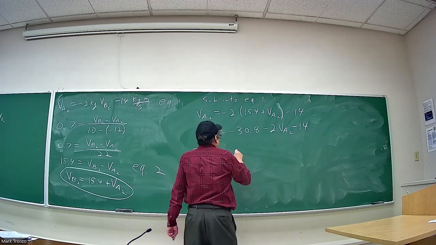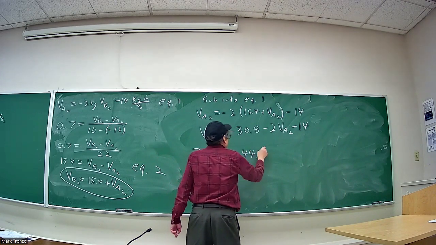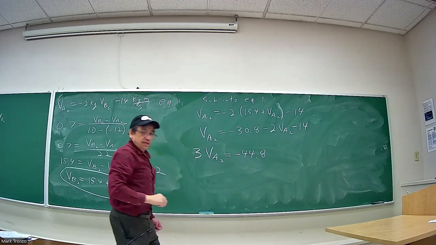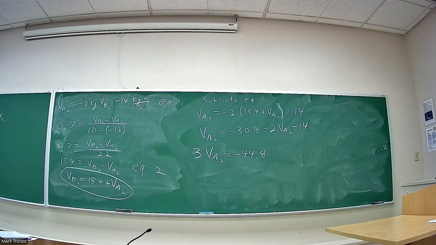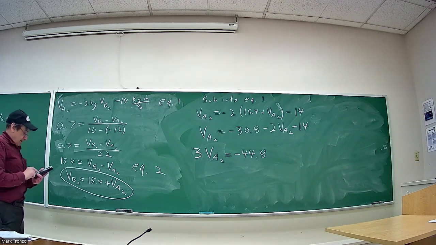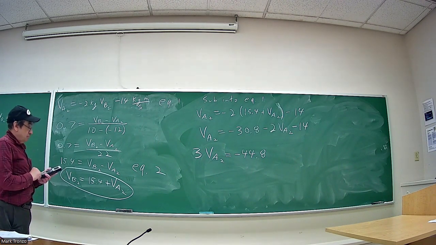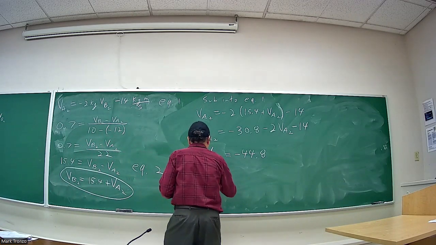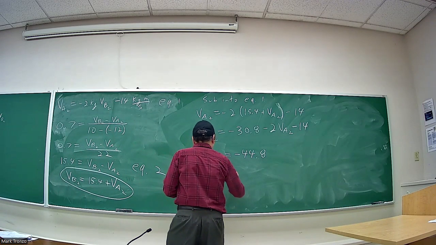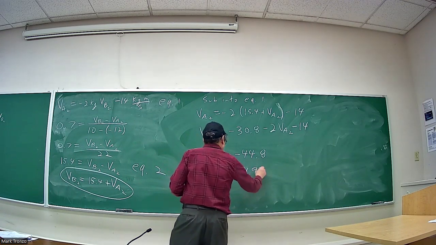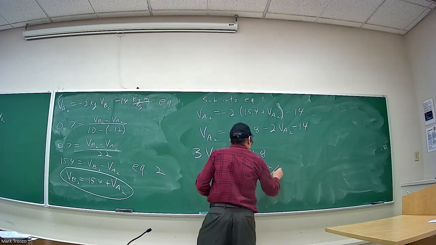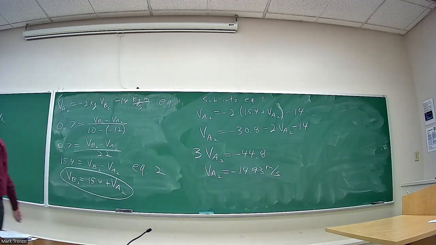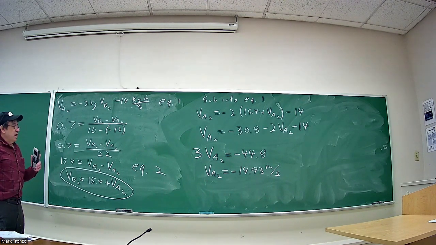And over here, we're going to have minus 44.8, like this, and divide that by 3. And then that'll give us a velocity of A after impact.